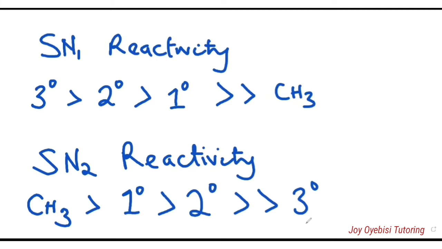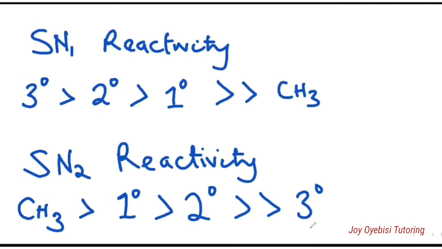And usually the primary and the methyl will prefer to undergo SN2 reaction. Okay, so that is why in SN2 reactivity, you have those two as the starting point. So the reverse of SN1 reactivity is what you see in SN2. And tertiary carbocation would prefer to undergo SN1 reaction.